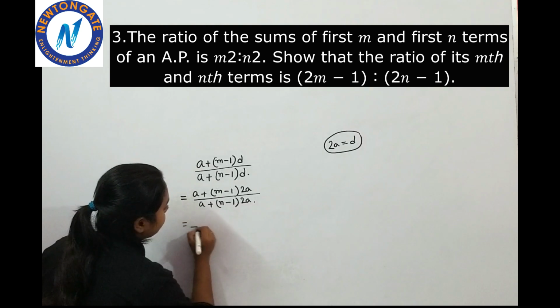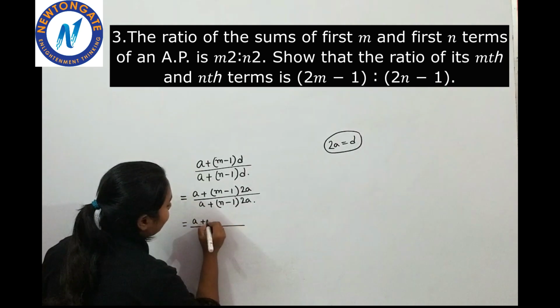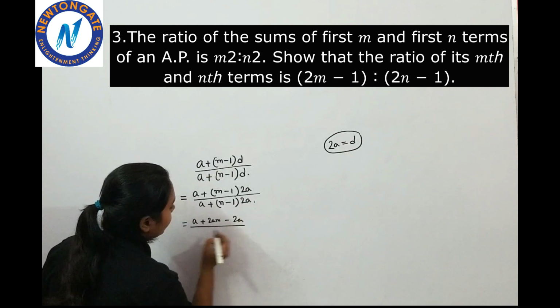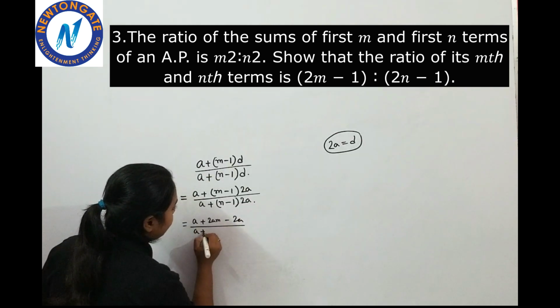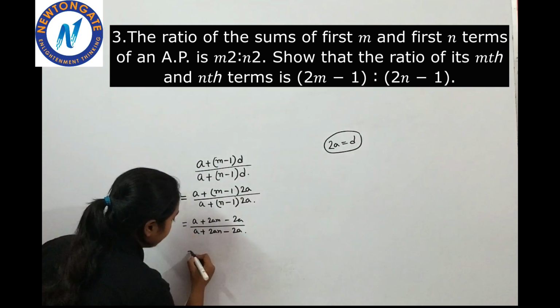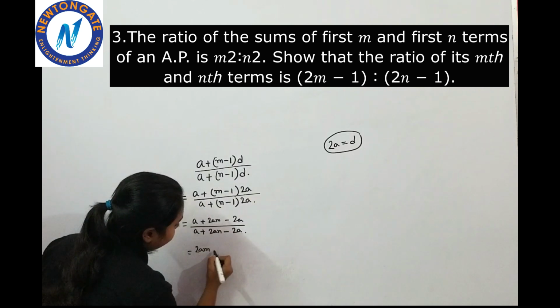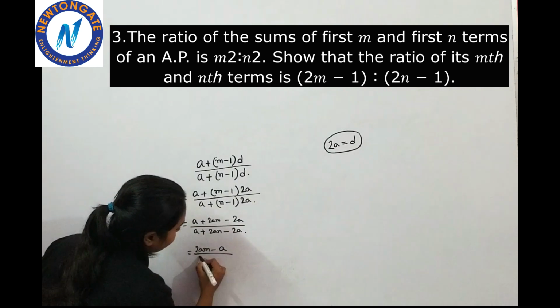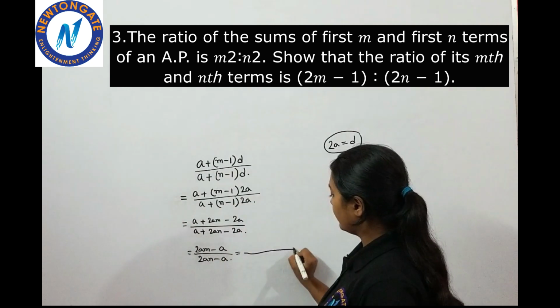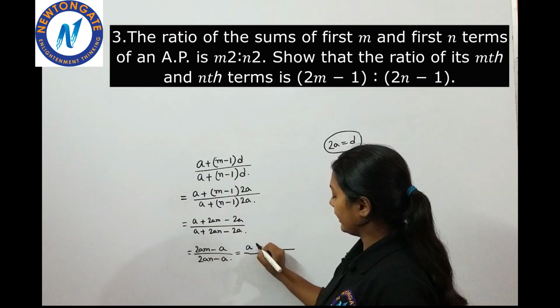Then it comes a plus 2am minus 2a and a plus 2an minus 2a. From here we get 2am minus a, 2an minus a. We common the a.